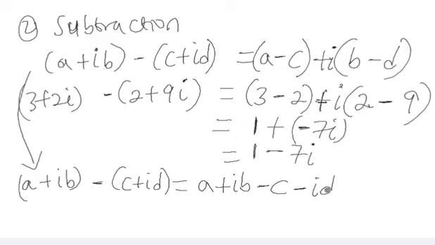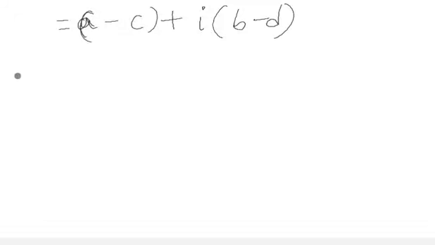So we have opened the bracket now. We bring the common terms together. It gives us a minus c plus ib minus id. Now if you put them into brackets, we have a minus c into bracket plus i into bracket b minus d. So I hope you've been able to get this now.